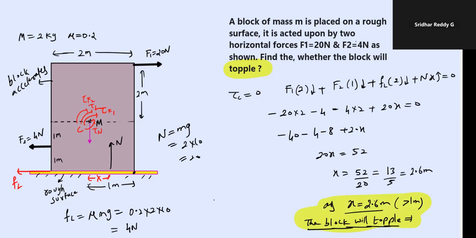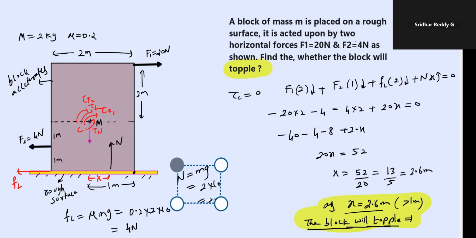If x were less than 1 meter, the block would not have toppled. Let me explain. The normal contact cannot act here. What is the maximum possible displacement of the normal contact?